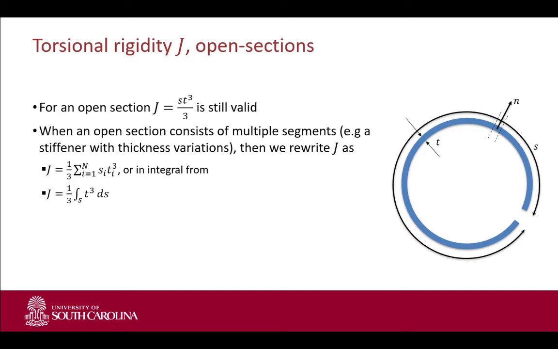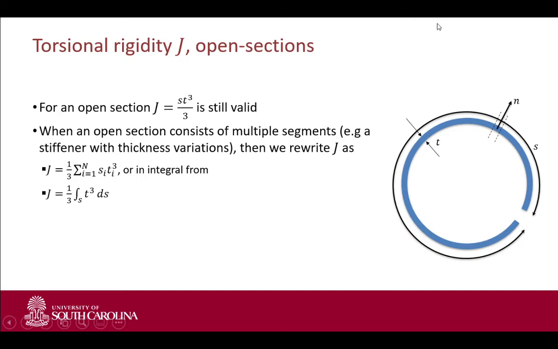So we still have J equal to s times t cubed over 3. If we have multiple segments, we have to take that into account by summing up the different segments to get the overall torsion rigidity.